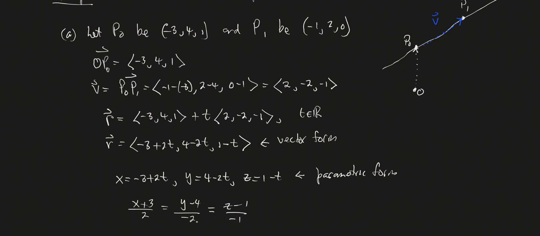And we can leave it in this form. If you wanted to do things with the negative sign, you could. But I'll just leave it and identify this as the symmetric form of our line L. There we are. We have all three forms.